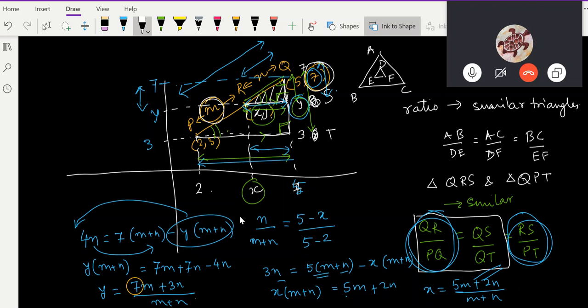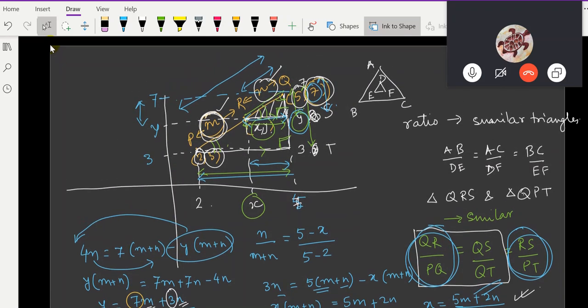I'm multiplying 7 with m, and 3, the coordinate of P, with n, so 7m plus 3n over m plus n. By similar logic, I would take 5m plus 2n over m plus n, which is exactly what I got.